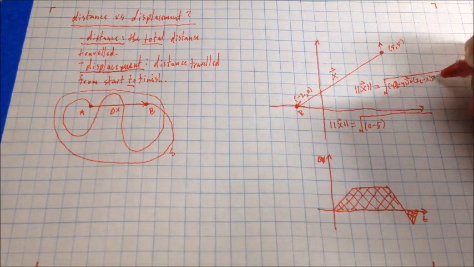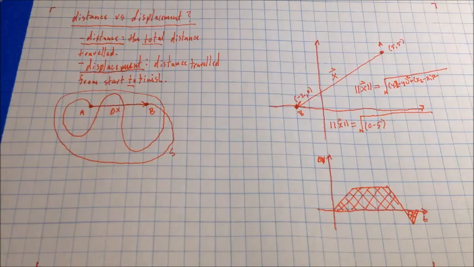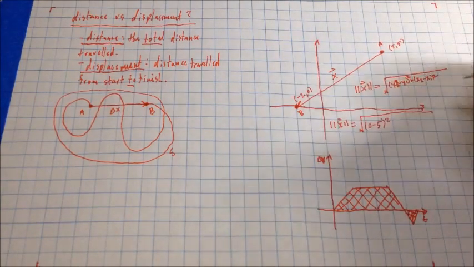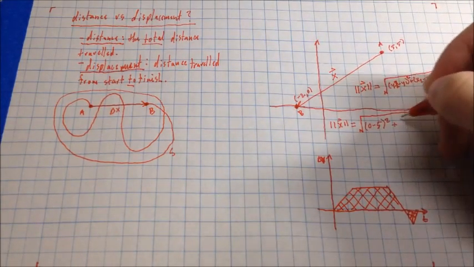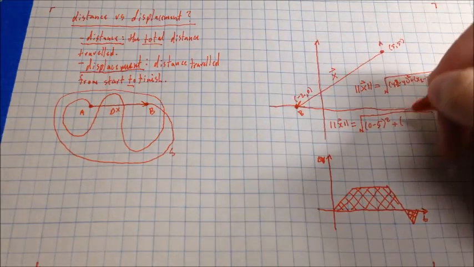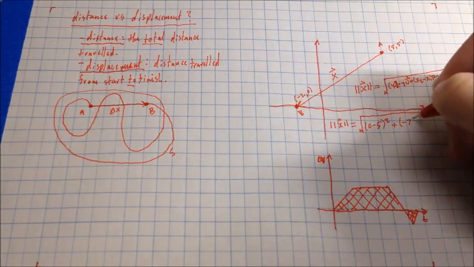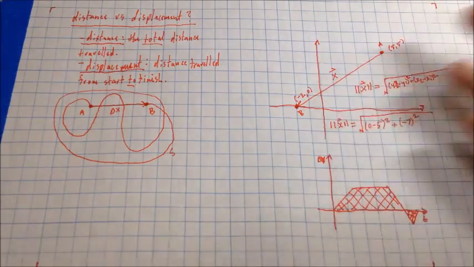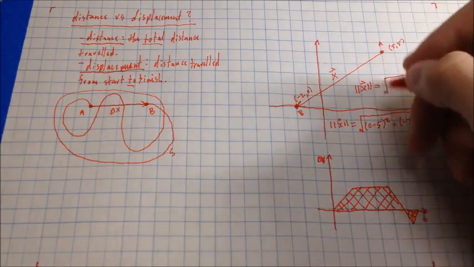Oh, I forgot, you have to square both of those values. My mistake. 0 minus 5 squared plus, of course, x2 minus x1 squared. So x2, negative 2, minus 5, negative 7. So using simple mathematics, we just found that that would be negative 7 anyways.